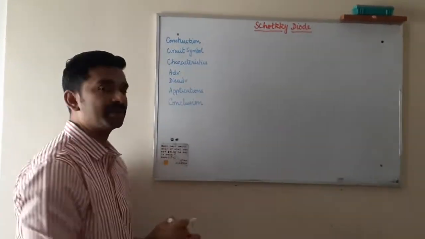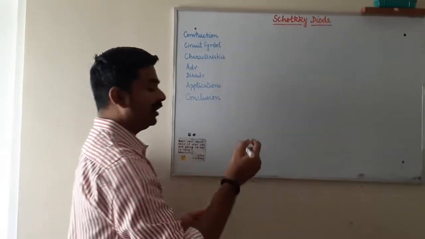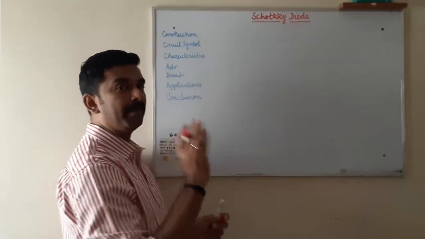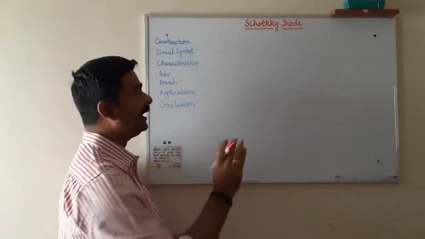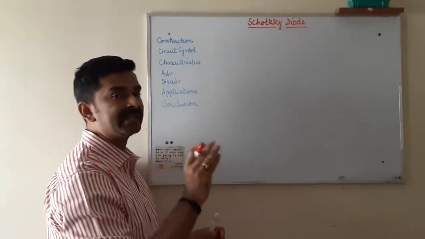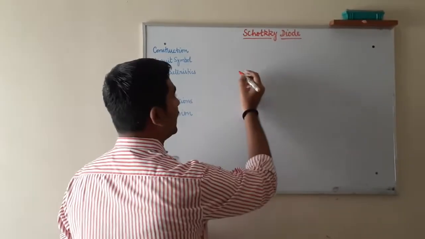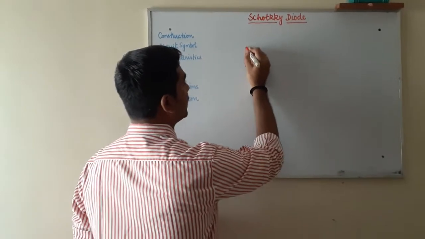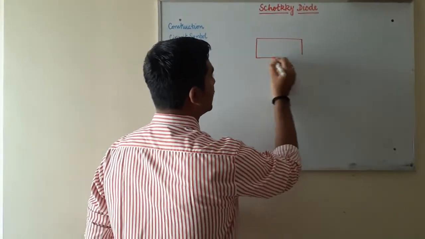We will start the construction of Schottky Diode. Schottky Diode is obtained by merging or joining a metal with a doped semiconductor region. Okay? இப்போ பாத்தீங்க அப்படின்னா இப்படி தான் இருக்கும் உங்களுடைய Schottky diode.